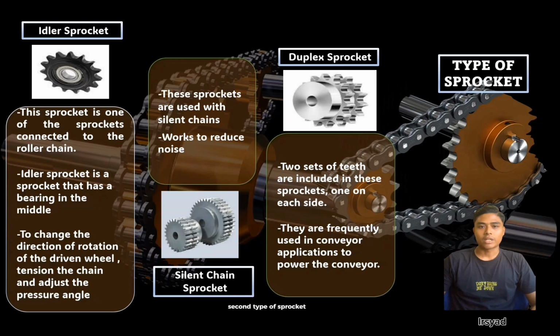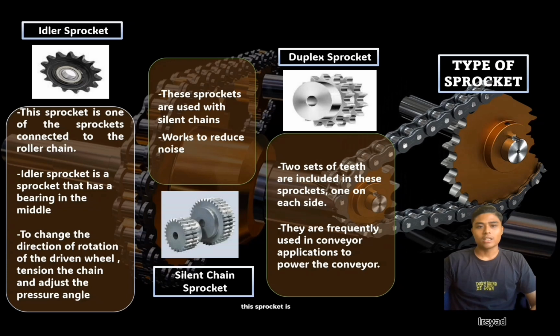Second type of sprocket is the silent chain sprocket. This sprocket is used with a silent chain to reduce noise during operation. And the last type of sprocket is the duplex sprocket. A duplex sprocket has 2 sets of teeth, one on each side, right and left.